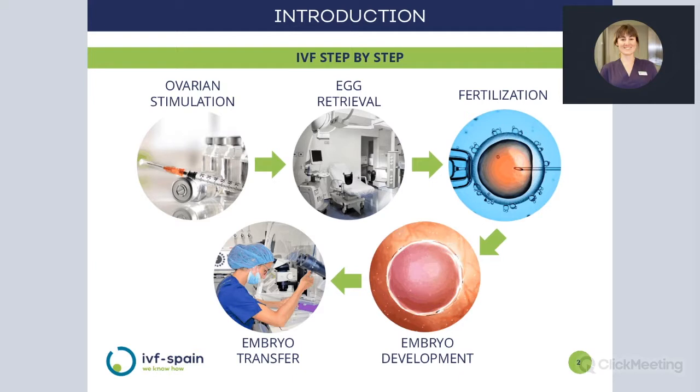This process will culminate in an egg retrieval where the eggs will be collected. Finally, these eggs will be fertilized with the sperm cells. The resulting embryos will be left in observation for up to 5 days. It can also be less, depending on the situation of the patient. And the embryos which have nice quality will be transferred or cryopreserved. So this is a little summary of the whole process.